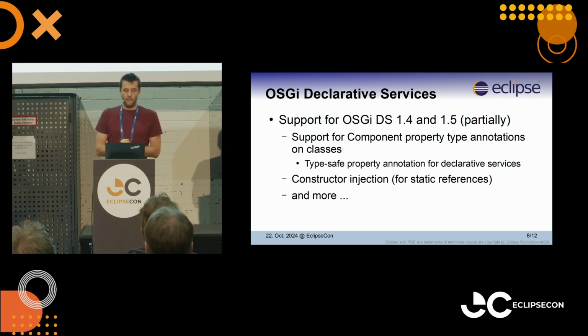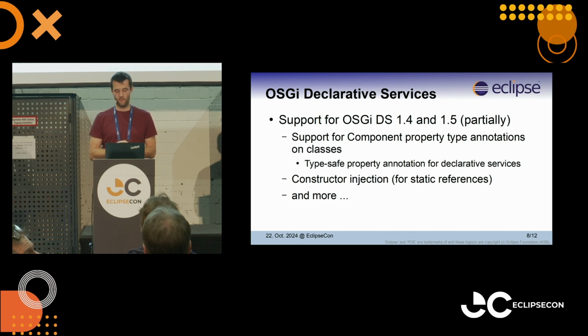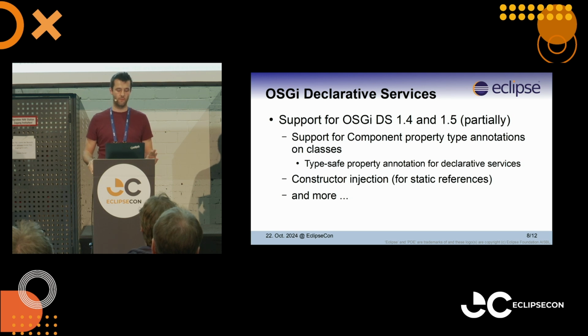The next improvement that has been done in PDE is support for OSGi Declarative Services 1.4 and some parts of Declarative Services 1.5. One of the most prominent features, at least for me, of Declarative Services 1.4 is the possibility to use component property type annotations on classes.